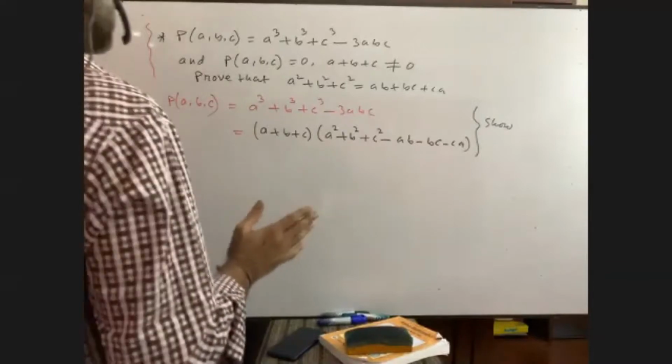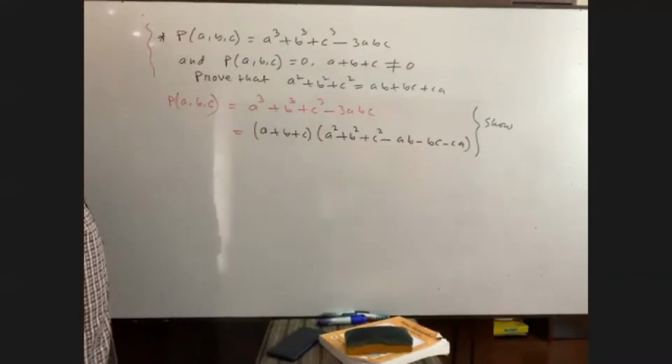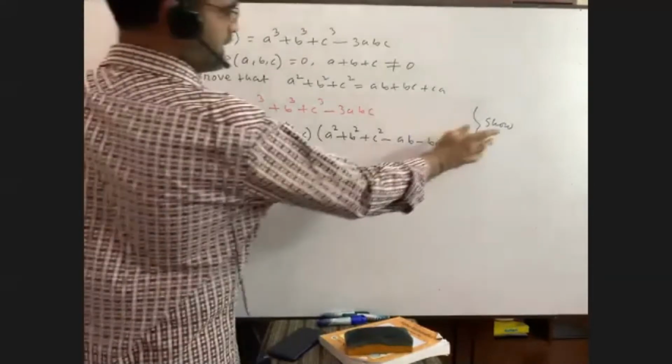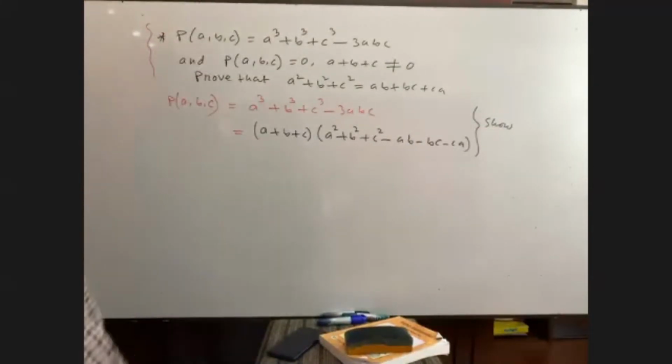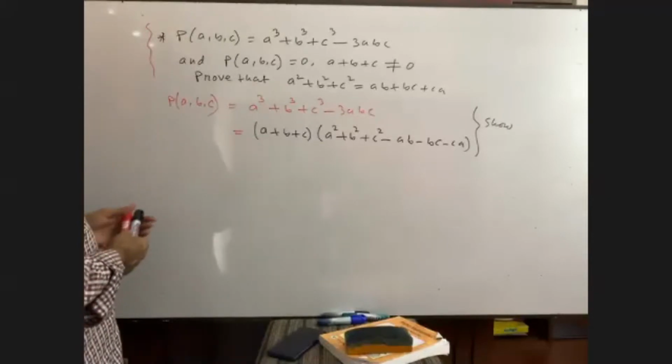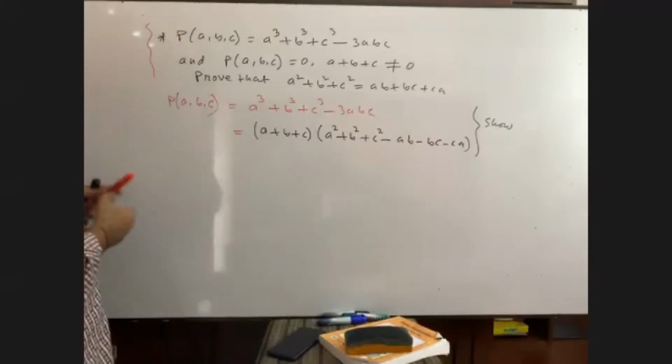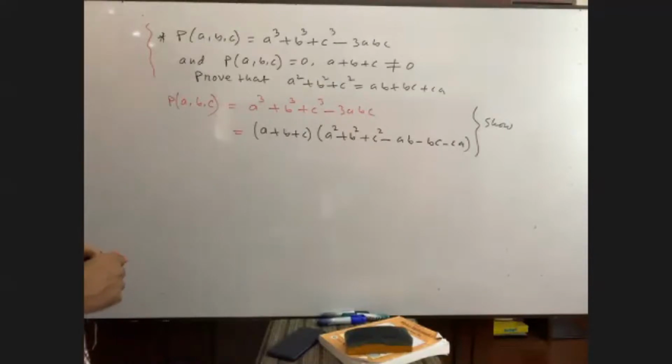Are you getting me or not? Yes, we are, sir. Okay, we have to show this part, otherwise you won't get marks. Now what is given here? Write down. Sir, in order to prove this, do we have to show the whole thing again?